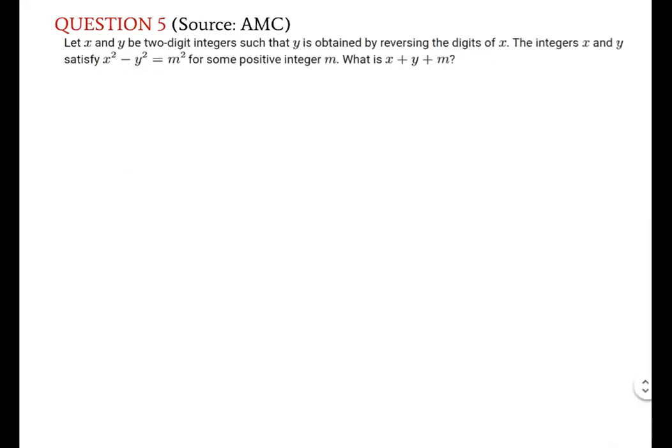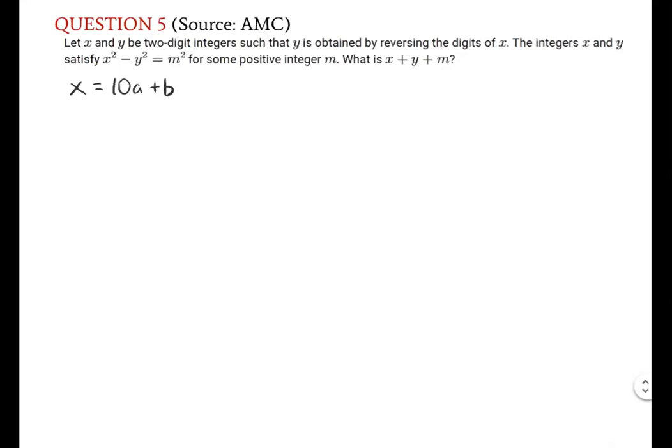Okay, last question, question 5. So we want to find what x plus y plus m is. That means that we have to find the values of all of these numbers. So first of all, let's let x be equal to 10a plus b.